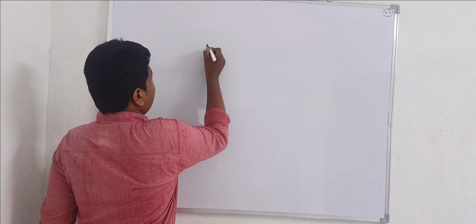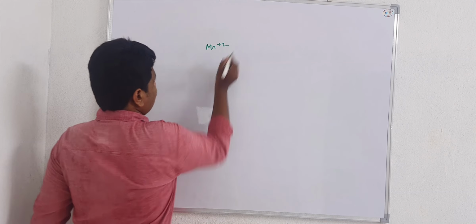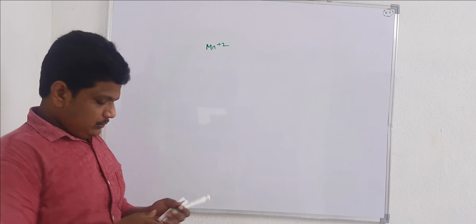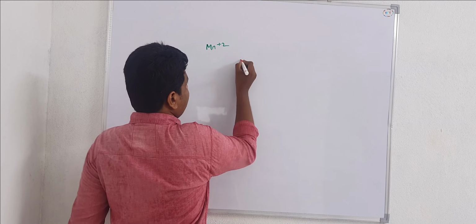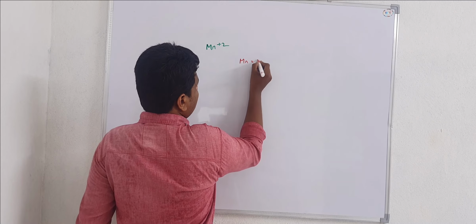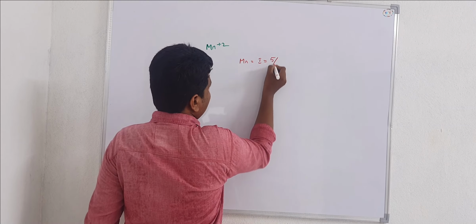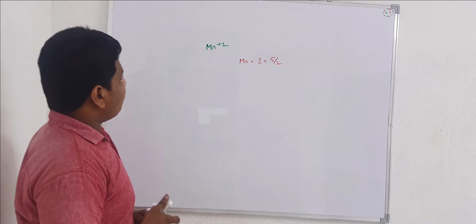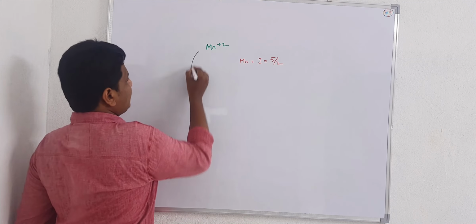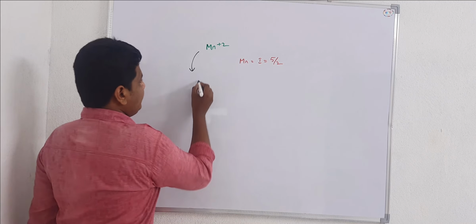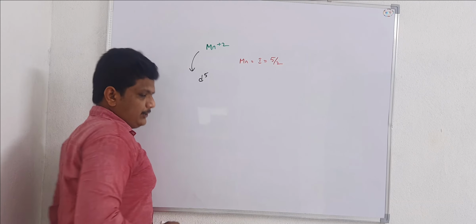They have given Mn+2. For this Mn+2, for manganese they have given the I value, that is 5/2. This Mn+2 will have the d5 electronic configuration.